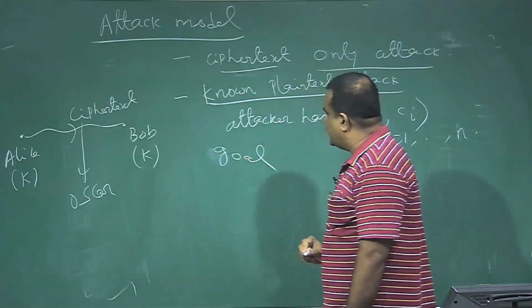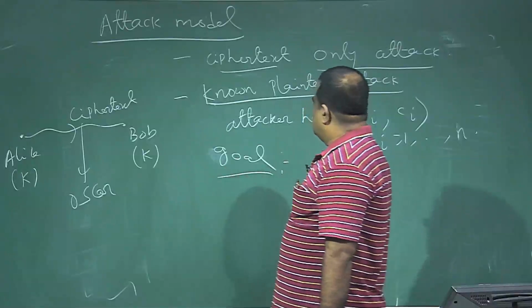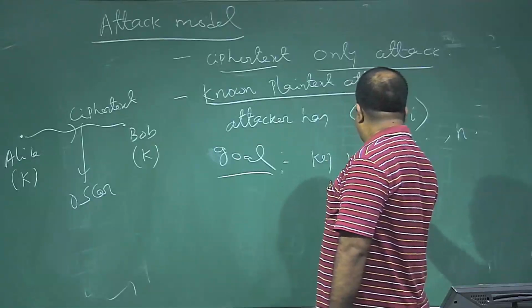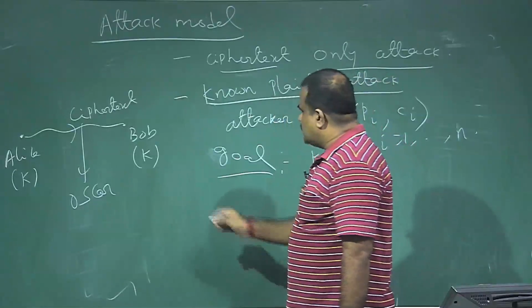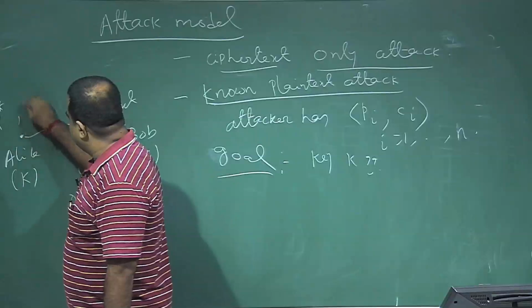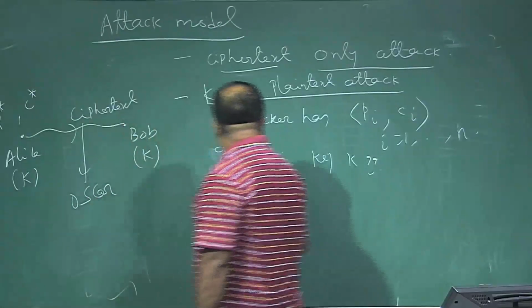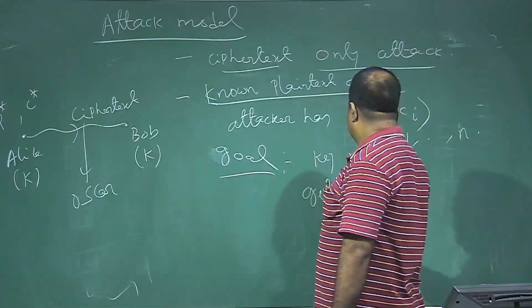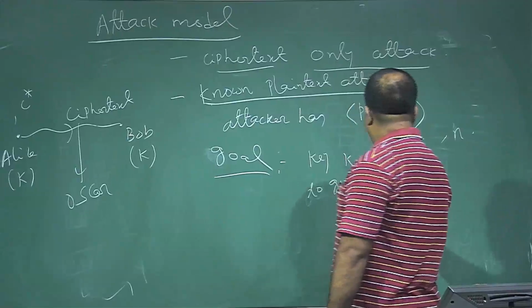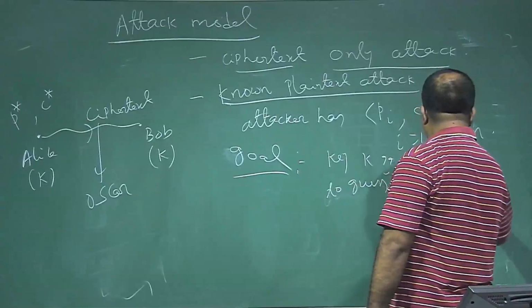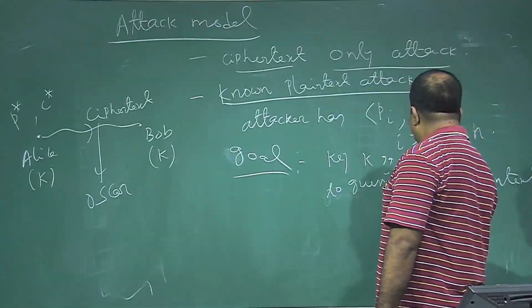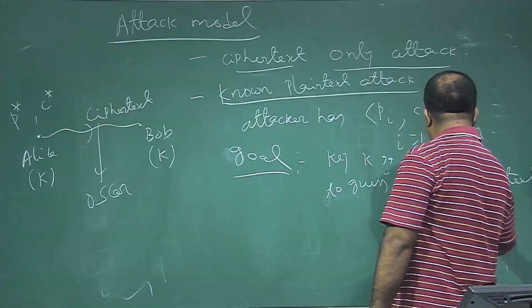So, the goal of the attacker is to get the key k, or suppose they are now using the new message P star and getting C star, to guess the new plain text P star from C star.